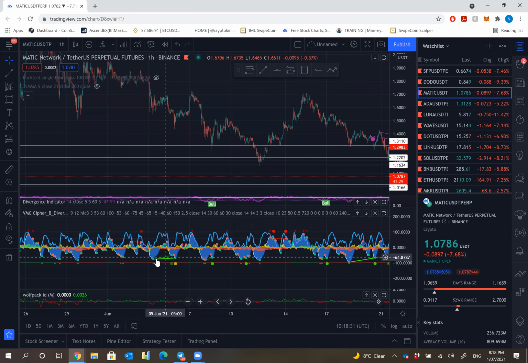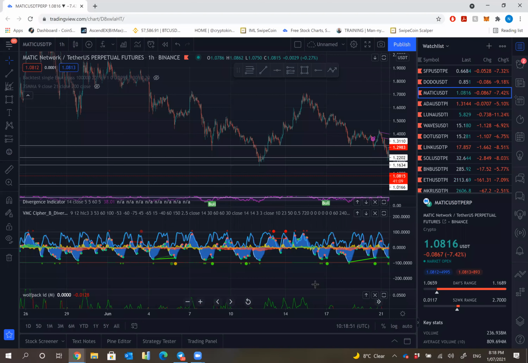So that's still your anchor wave because it's less than -60. Then you've got your trigger wave right here, but it's red. So you wouldn't enter on that dot right there. You wouldn't enter because your Wolfpack ID is red.